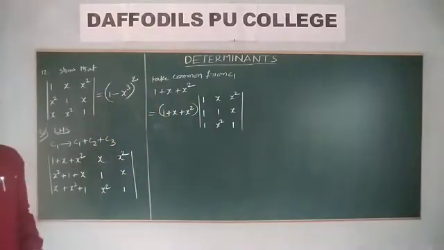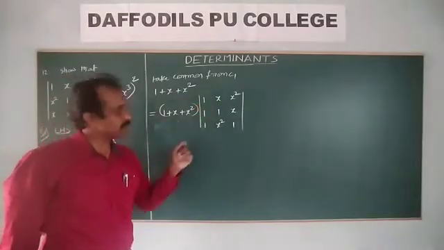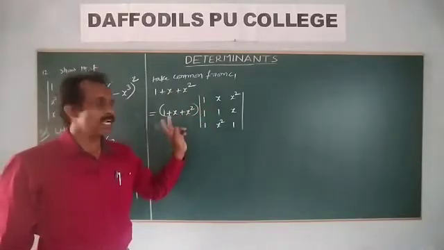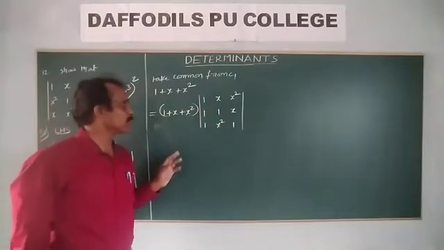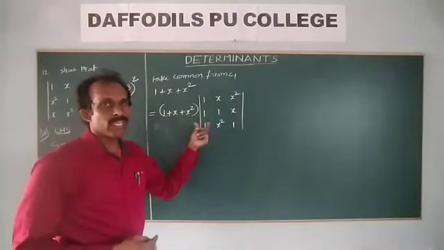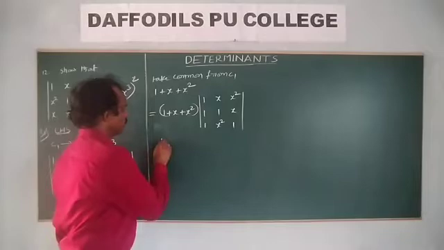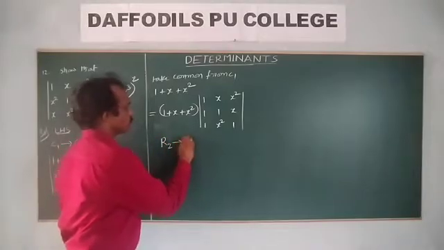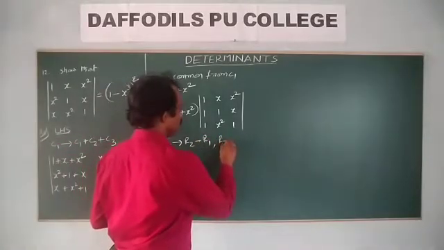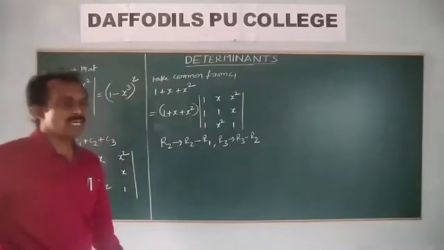In the first column all elements are 1, so it is better to expand the determinant along this column. Also, since all ones are there, it is better to make two of the ones 0, so the determinant is evaluated easily. Apply the operations R2 gives R2 minus R1 and R3 gives R3 minus R2.